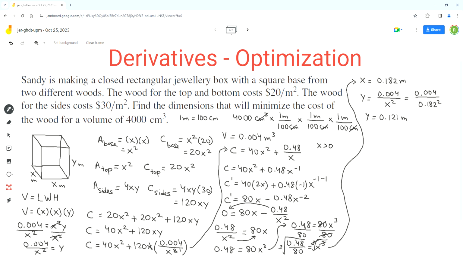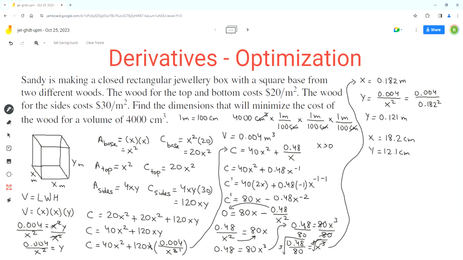Now in this problem we are given the volume of the box as 4000 centimeter cube. So we should convert these meter values for x and y into centimeters. So for that, we should multiply the x and the y values by 100 because 1 meter equals 100 centimeter. So we get x equals 18.2 centimeters and y equals 12.1 centimeters.